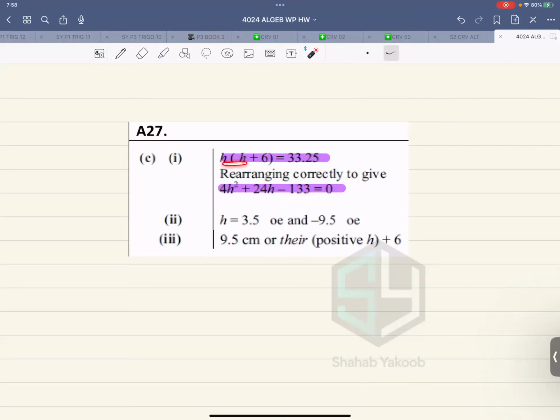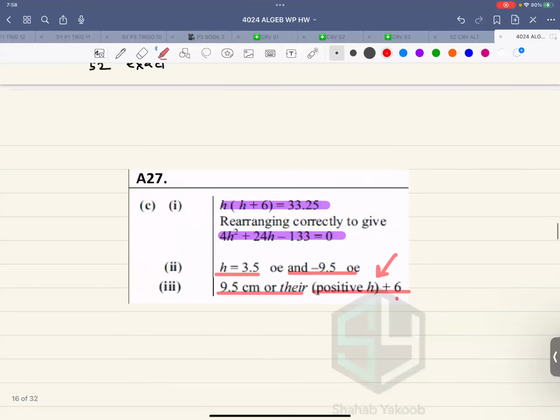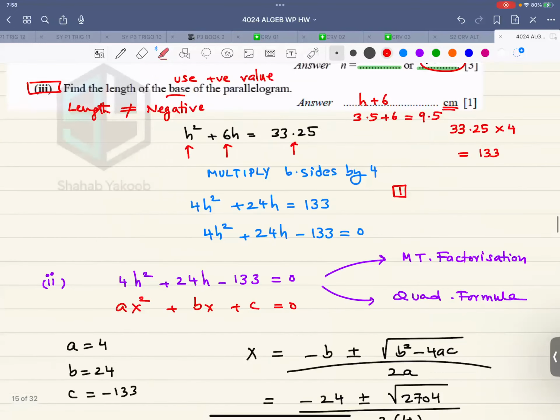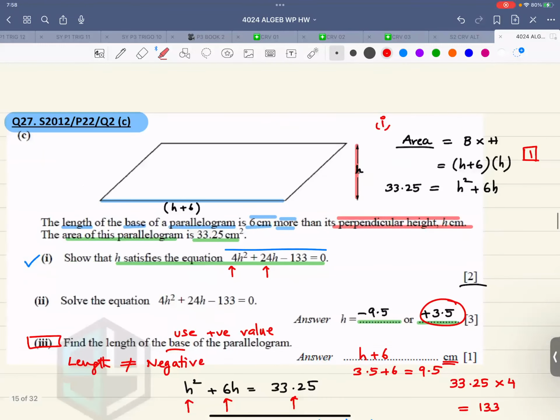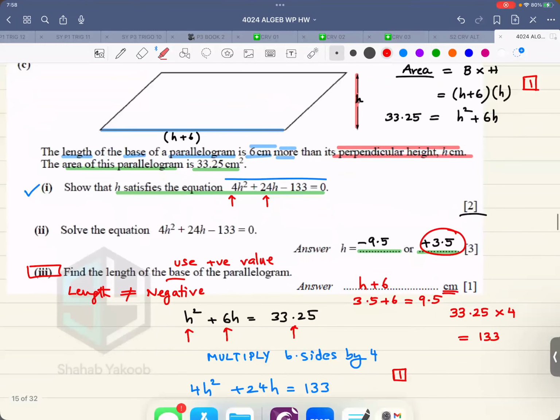And this is h square, it became 4h square. This is 6h, it became 24h. And that is already taken care of. And then we are looking for these values. H is this and H is this. And 9.5 centimeter, or their positive h plus 6, whatever value they have calculated, if they add 6 to it, they will be getting marks for it. So that is how this question related to basic 2D mensuration and quadratics is done and dusted.